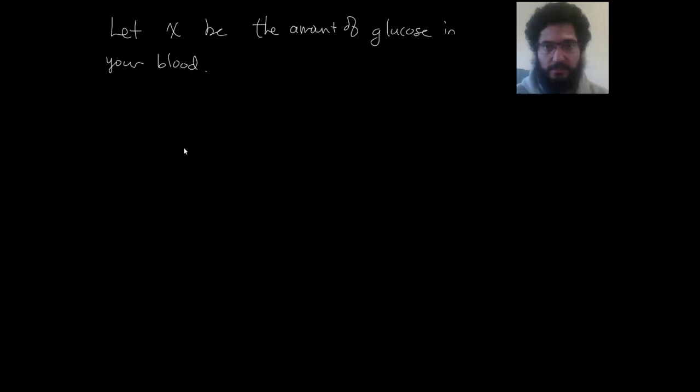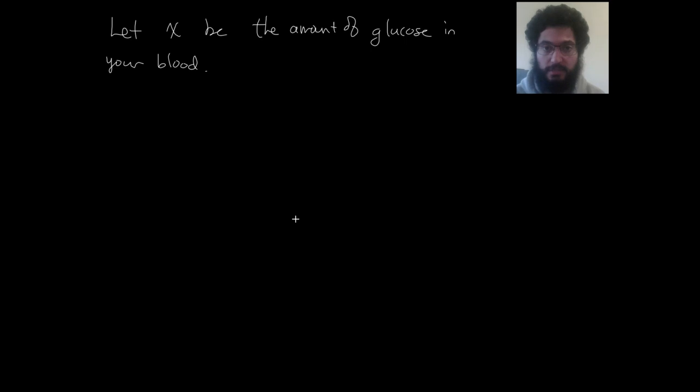Now let's say that there's some equilibrium level of glucose in your blood that your body wants to have. And if there is excess glucose, then it'll just kind of go away over time and naturally decay towards the equilibrium.